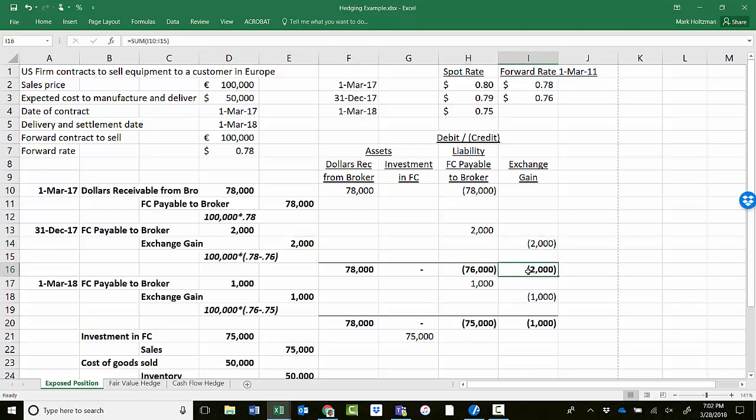And let me just give you a side comment on what's negative and positive. In these right columns, I don't know if you've seen this in practice or not, but in practice, it's common practice to make your debits positive and make your credits negative. So when you see negative $78,000 under a liability, that means it's a credit. It doesn't mean it's a negative liability.